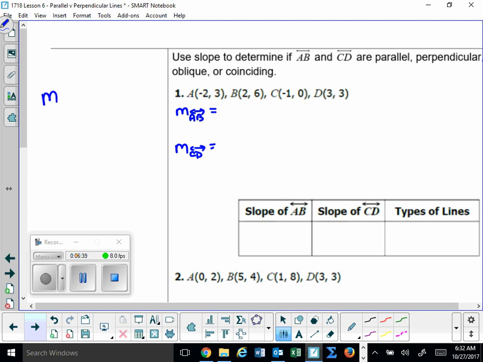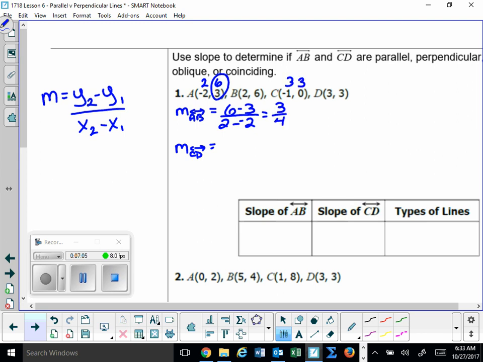Let's pause for just a second and write down that slope formula. All right. Now I like to write my ordered pairs on top of each other and circle the y values in order to substitute in correctly. So this will be 6 minus 3 and 2 minus negative 2. That's 3/4.